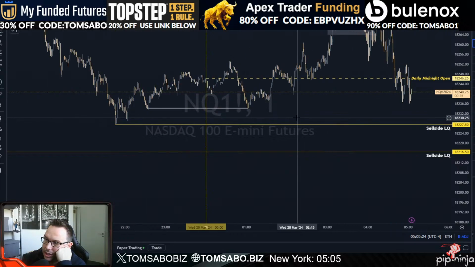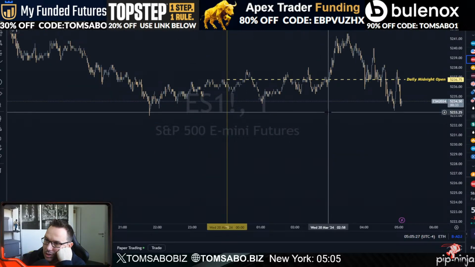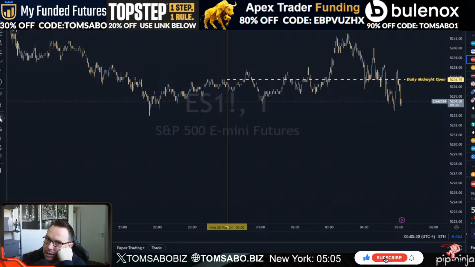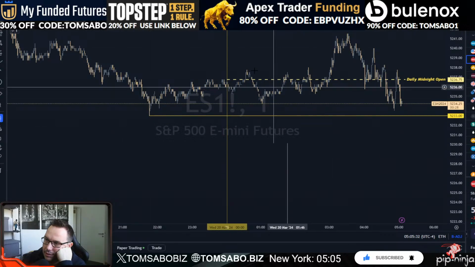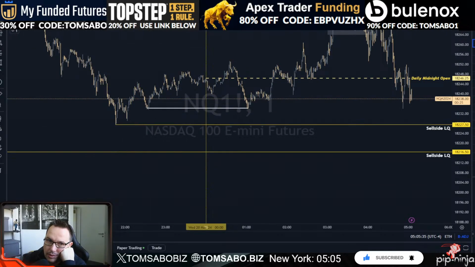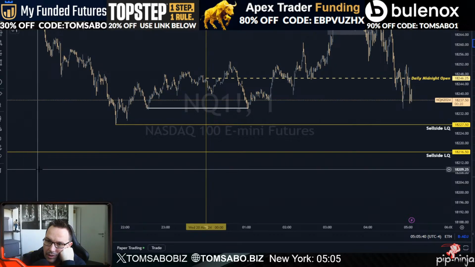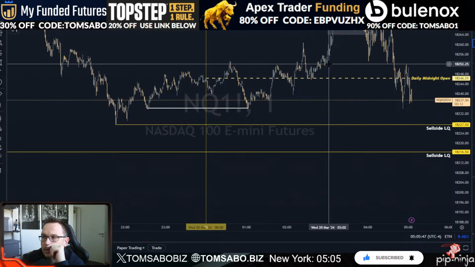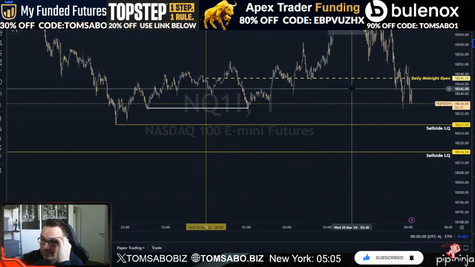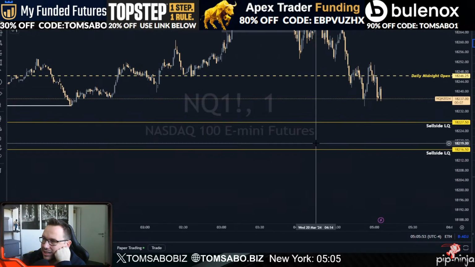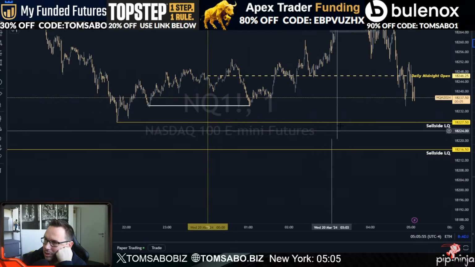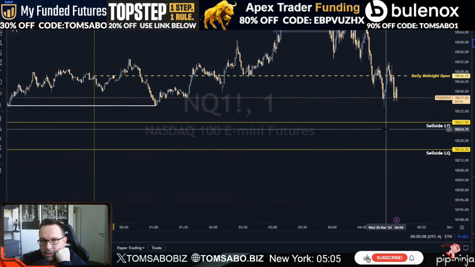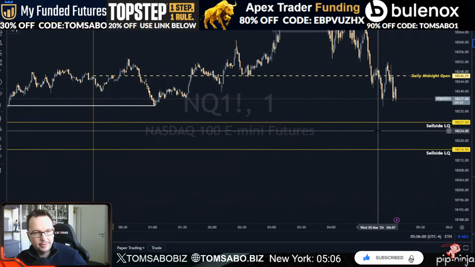Although it's very close to that Asia low. If ES would go for this level right here at the 52.33, at the 30, that would also be a very interesting level. But I think it will take it eventually, because that's the only logical place for price to go in this London session. But who knows?